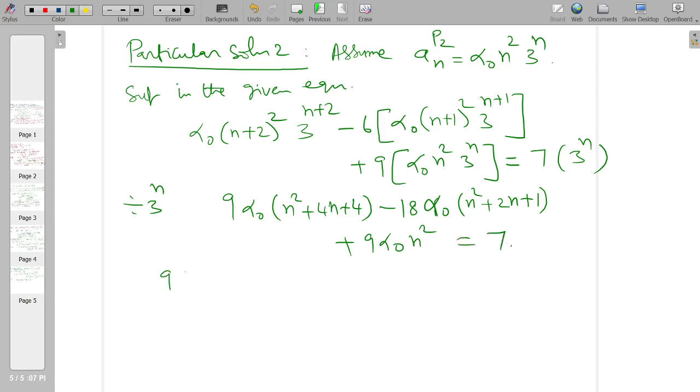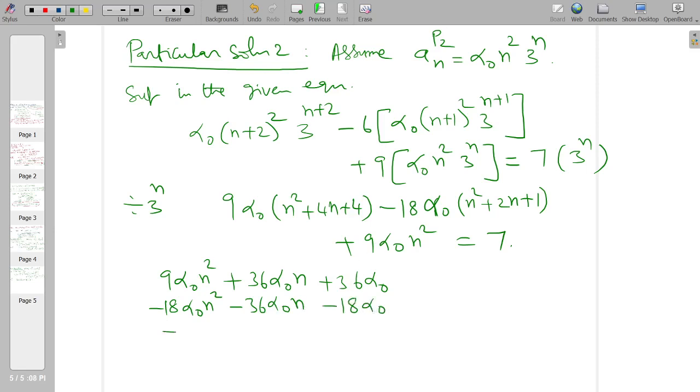So now I multiply this: 9 alpha naught n squared plus 36 alpha naught n plus 36 alpha naught minus 18 alpha naught n squared minus 36 alpha naught n minus 18 alpha naught plus 9 alpha naught n squared, the whole thing is equal to 7.